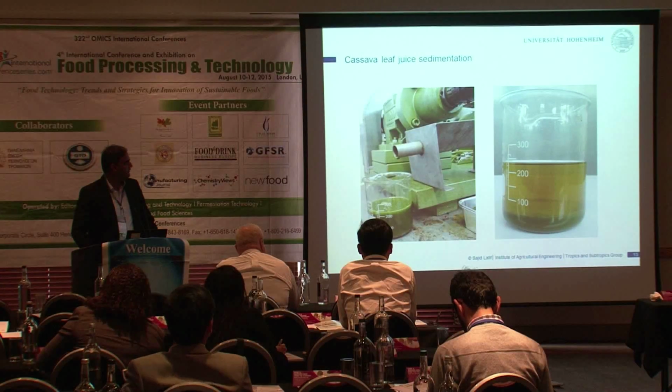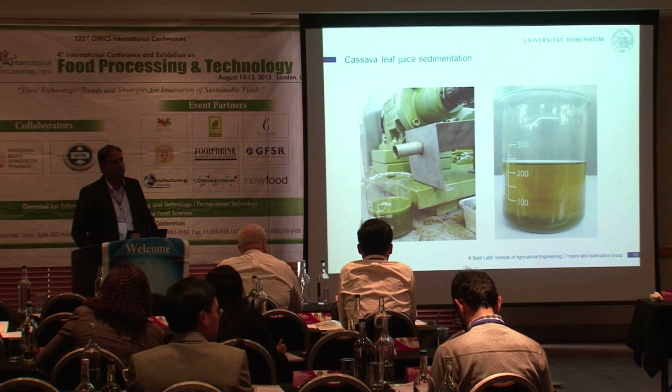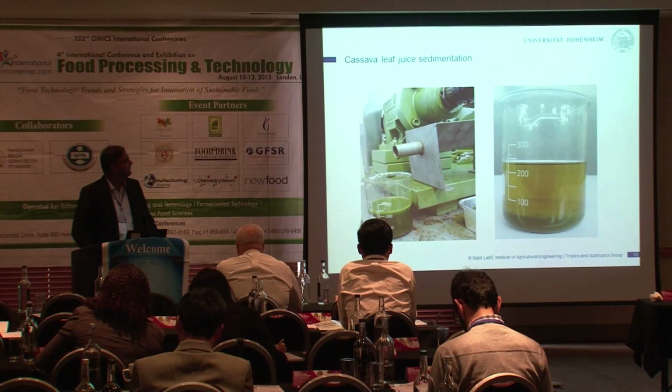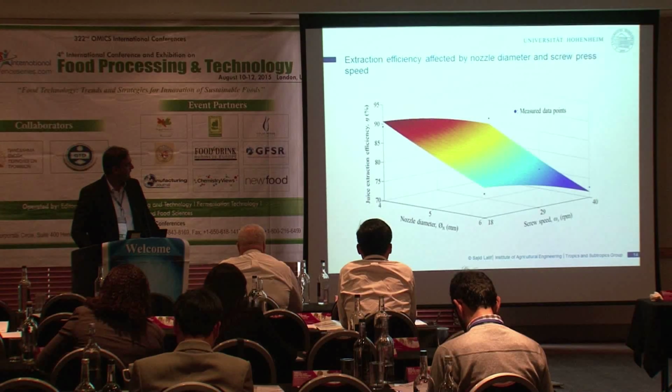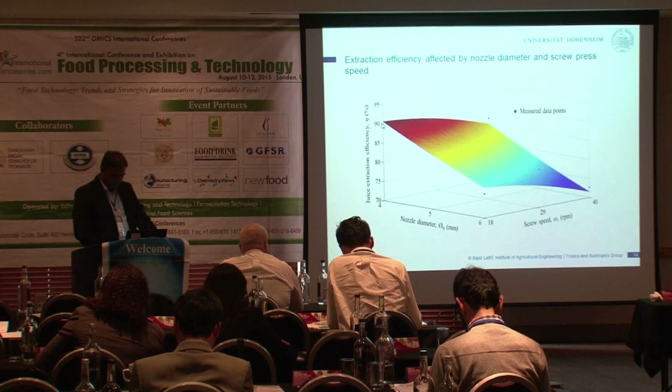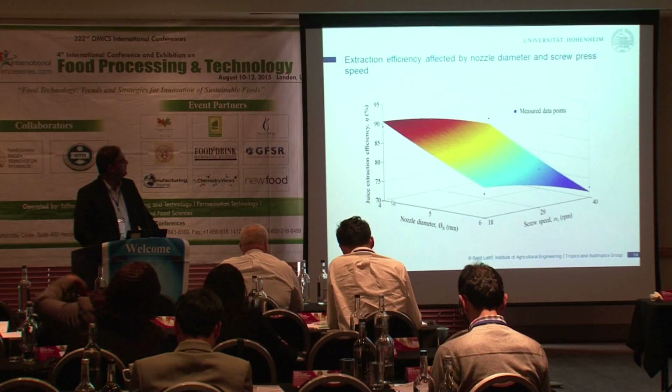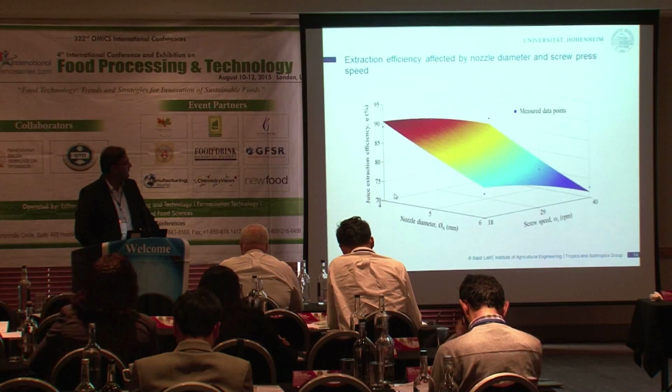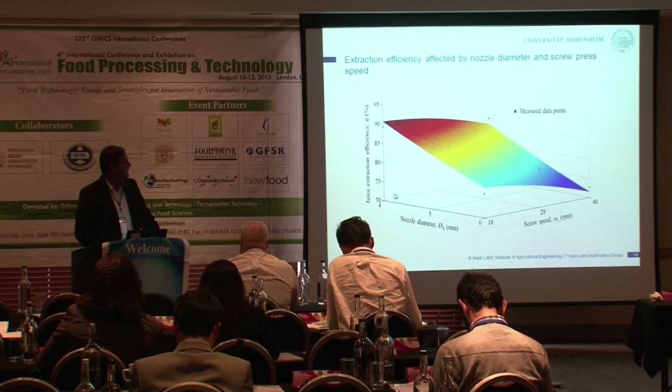So this is how the juice looks, and when we keep it in the fridge overnight, it also gets sedimented. So for the optimization, we found a maximum efficiency of up to 90% with a nozzle of diameter 4 and screw speed 18.